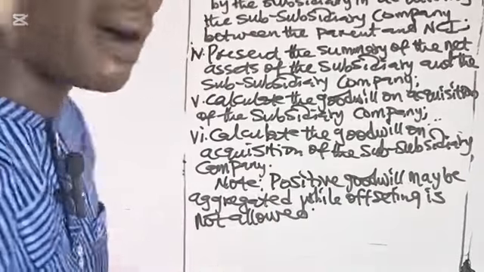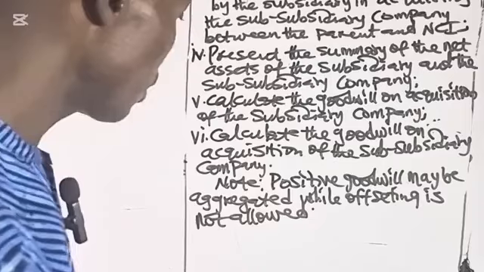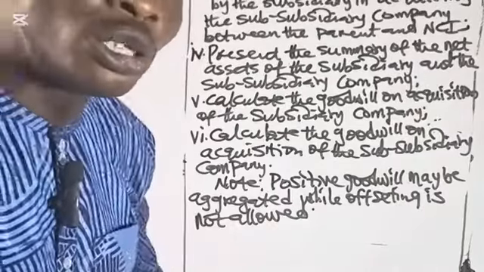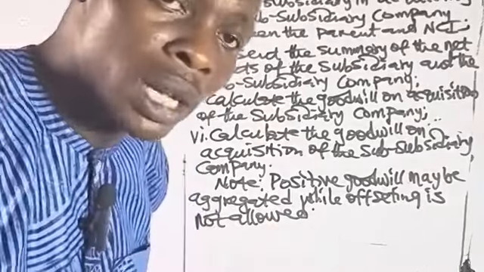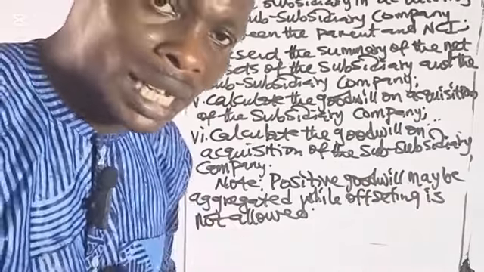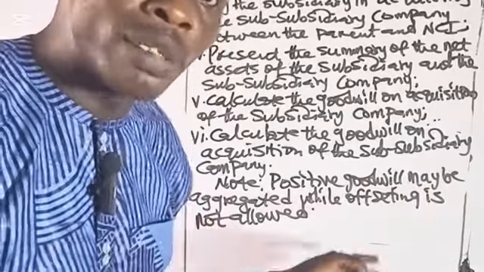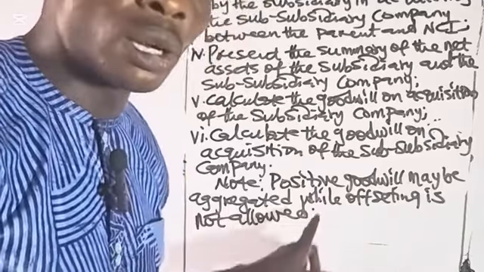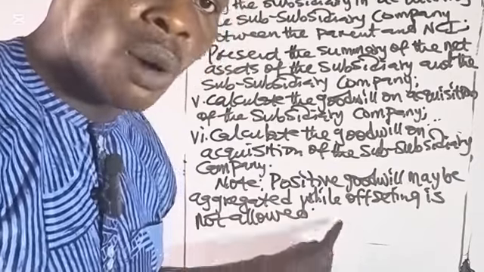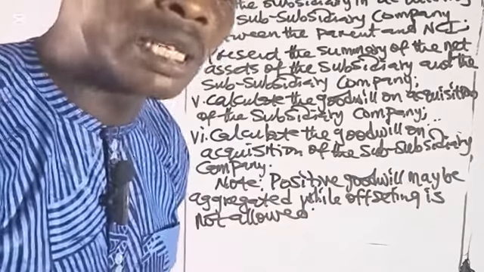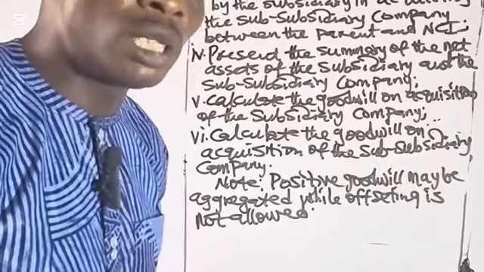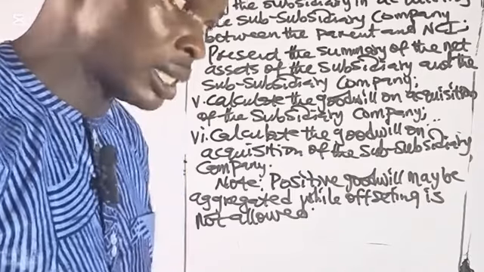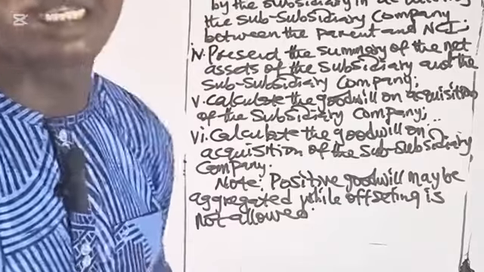But where the group policy is fair value, you should share the negative goodwill between the parent company and the NCI. The parent's share should be added to the consolidated retained earnings, while the NCI's share should be added to the non-controlling interest calculated in the usual way.